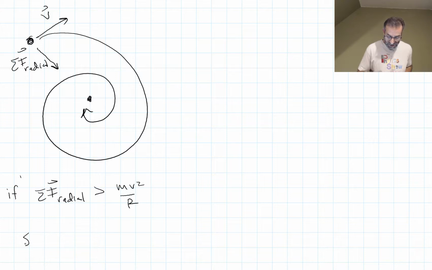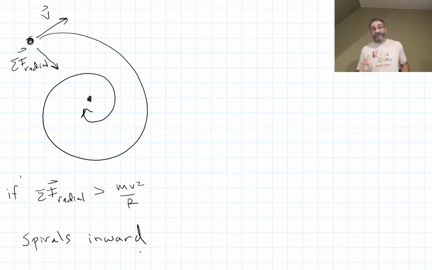It spirals in. The force pulling it in to change its direction is too big for circular motion. So our object ends up spiraling inward like this.